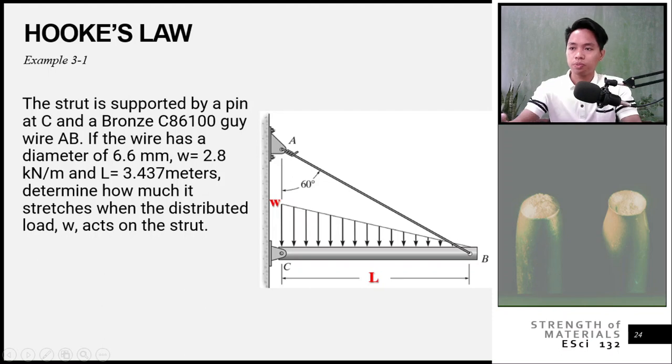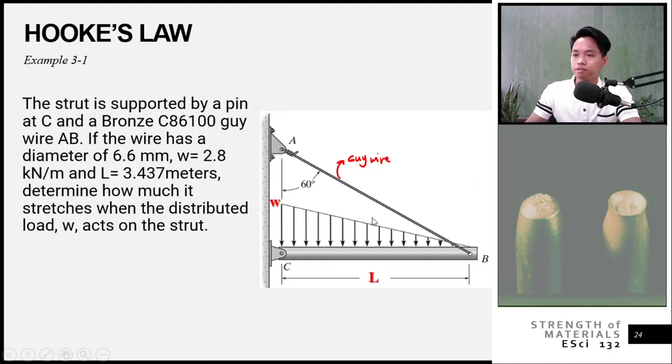The strut is supported by a pin at C and a bronze C86100 guy wire AB. This is our guy wire.